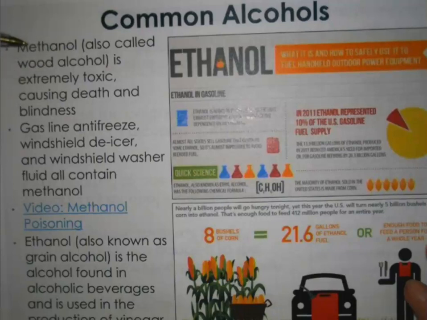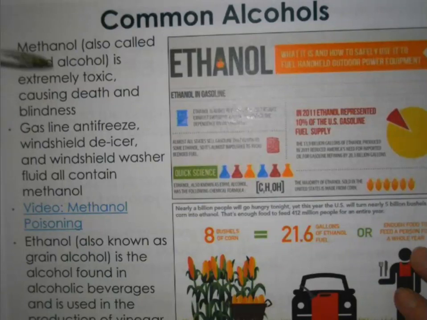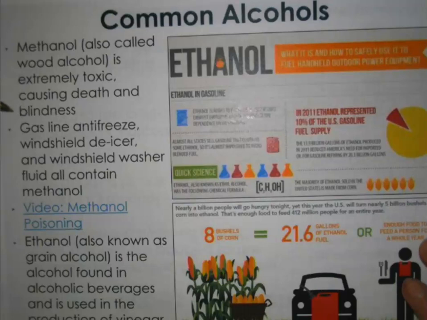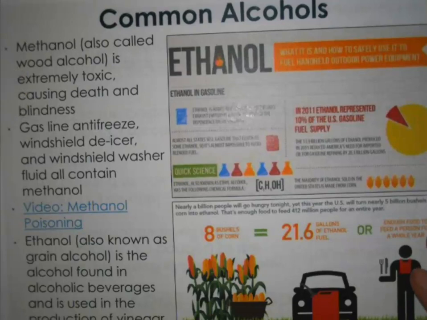This can be a problem when people try to create their own alcohol, and if there's any kind of contaminant in it or improper distillation process, then methanol can be produced, and it can cause death and blindness. You might have heard stories of bootleggers back in the day, of people going blind from drinking alcohol that's not properly produced. So definitely a bit of a risk there.